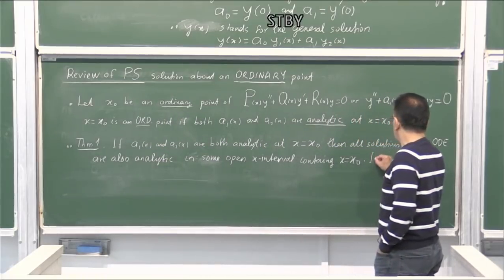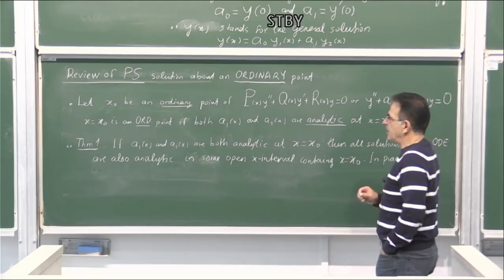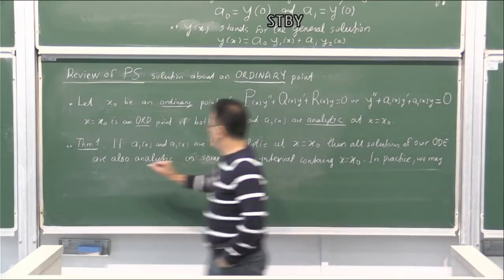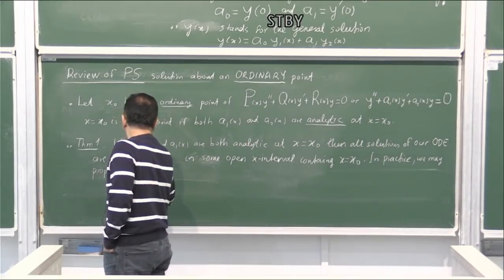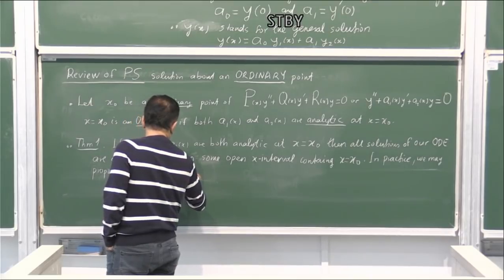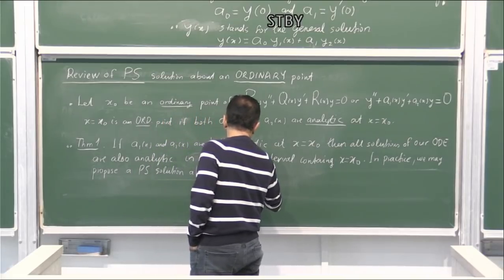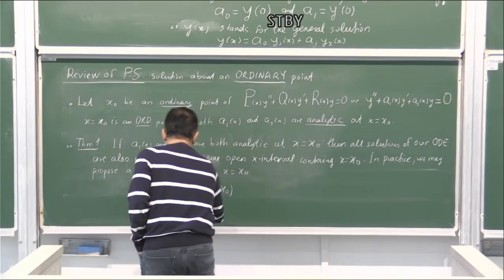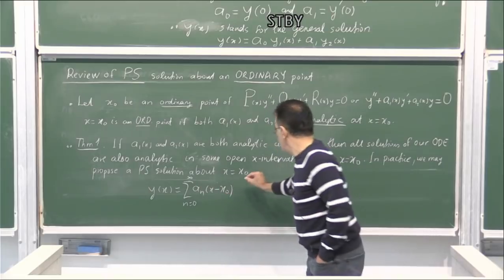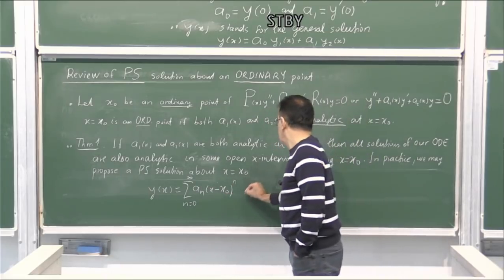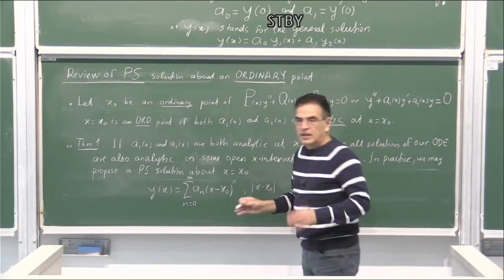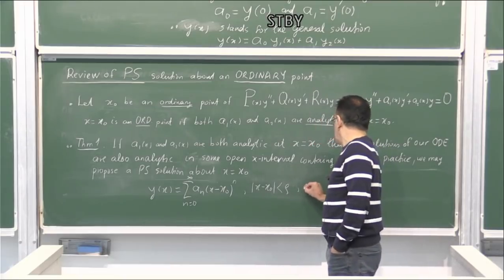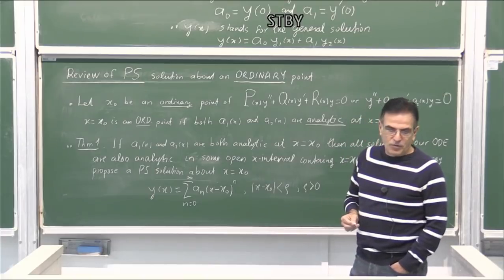So in practice, this theorem tells us that we may propose a power series solution about x equal to x0 of the form the sum of an (x minus x0)^n from 0 to infinity, which is convergent in some x interval centered at x0 with radius rho, and there is a non-zero radius of convergence.